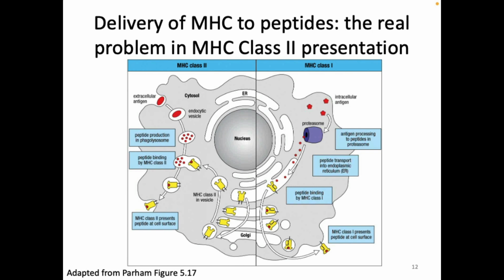Here you can see that MHC class 2 is binding in the biosynthetic secretory pathway where the peptides were made. The peptides here are being made in the lysosome, and there's another vesicle where that binding is happening.